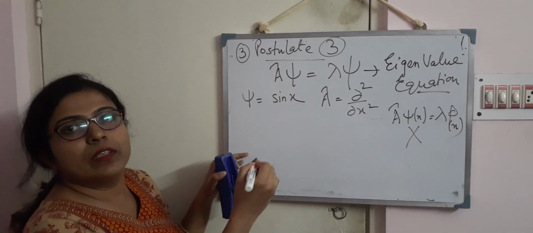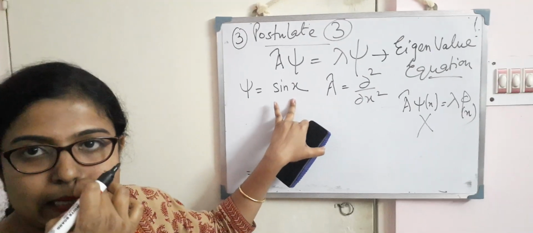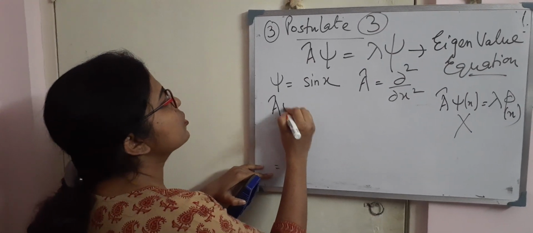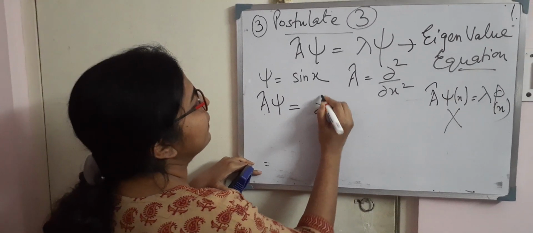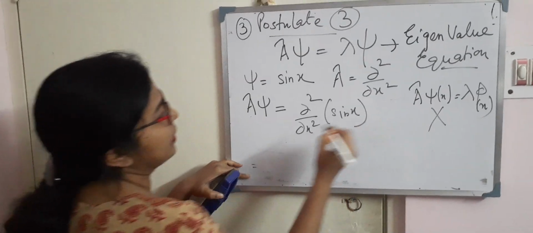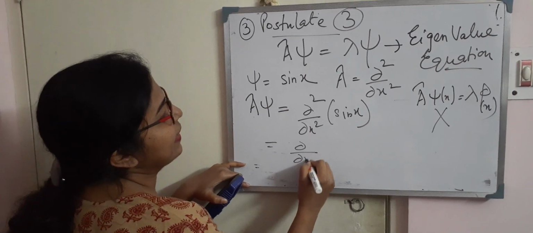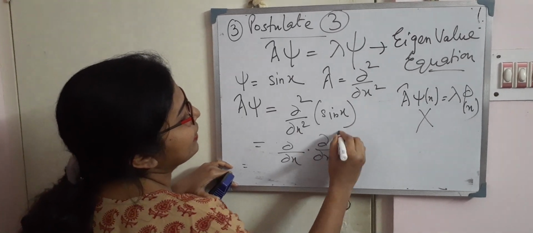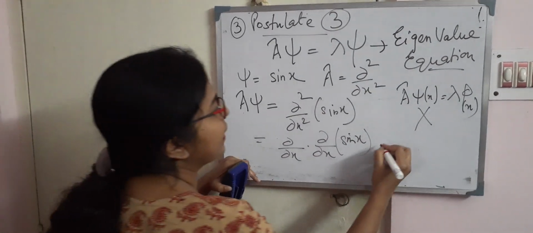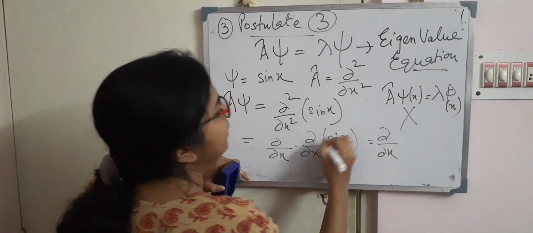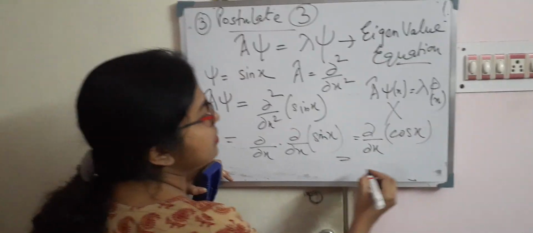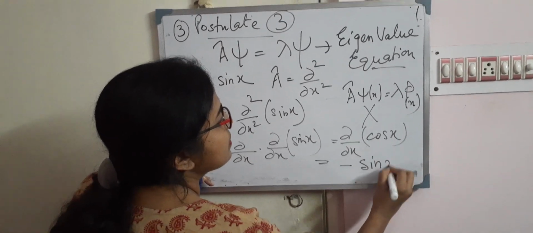Okay, so here the function is sin x. Let us operate on it. A cap psi is del 2 del x square operating on sin x. Del x square means del x of del x, so this gives del x of sin x, which is cos x, and del x of cos x gives minus sin x.